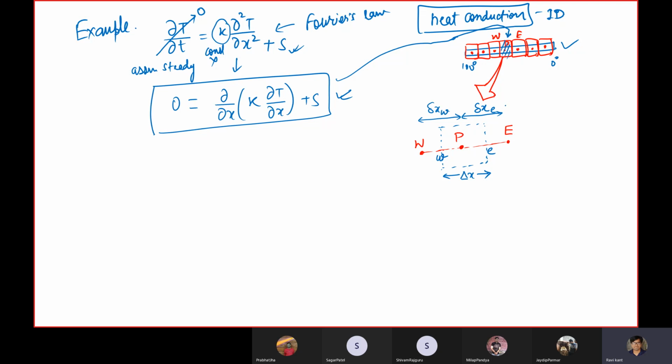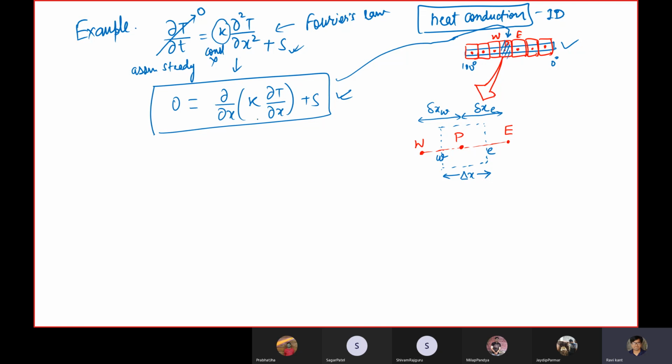Obviously, while coding we will try to take things similar, so delta xw will be delta x, delta xe. But let's assume these are non-homogeneous, to be more generic.